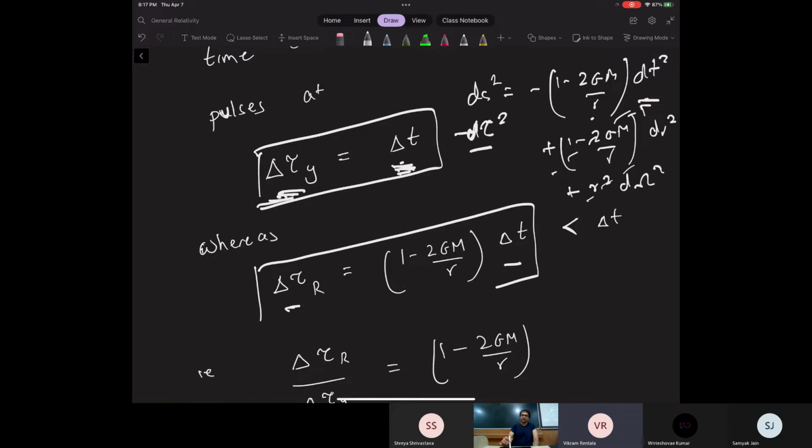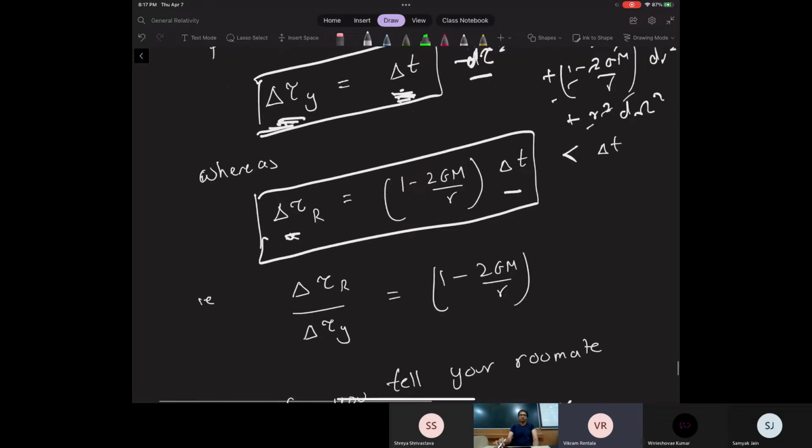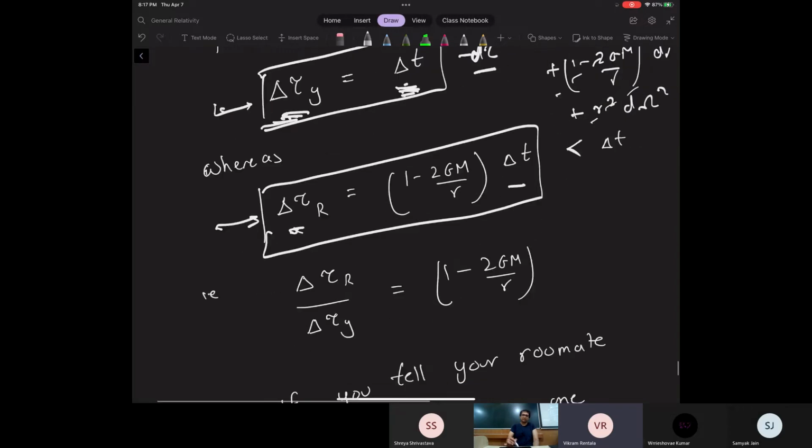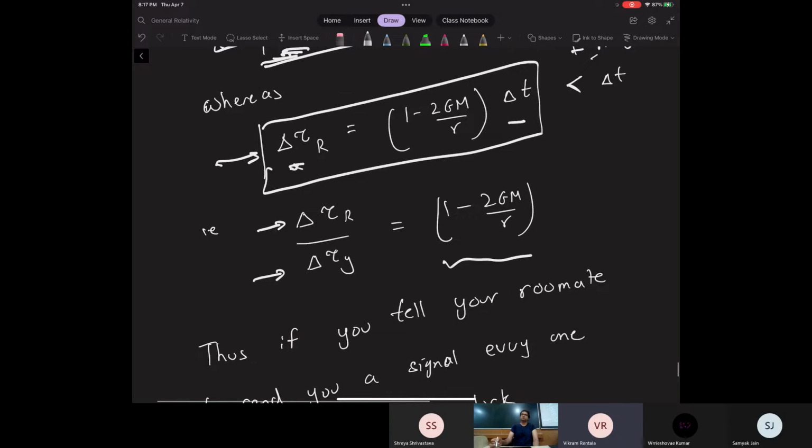And this we have already seen in the weak field approximation. This is exactly what you get also in the weak field approximation. And so what it tells you is that if I take delta tau r by delta tau u, that is the time elapsed on your roommate's clock versus the time elapsed on your clock, this is 1 minus 2GM by r.